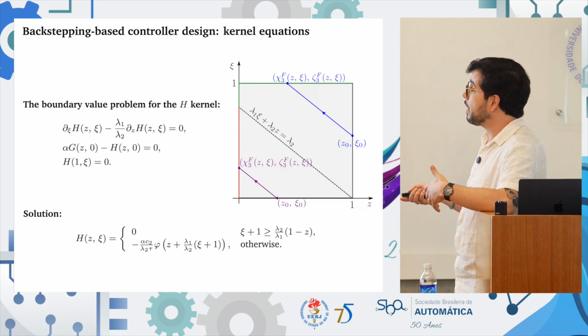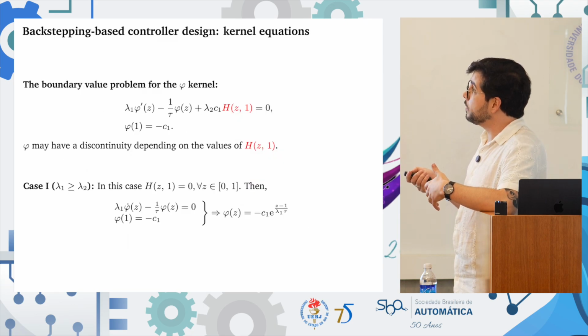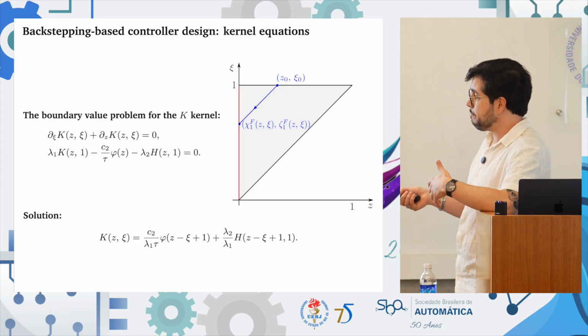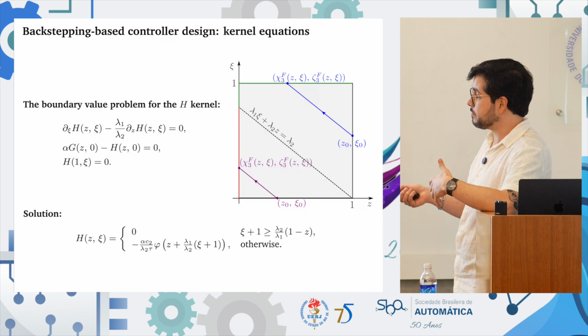Finally, the ODE, which you can see in the end: the solution of all the other kernels depends on the ODE of phi. As you can see here, K depends on phi and H, but H depends on phi.